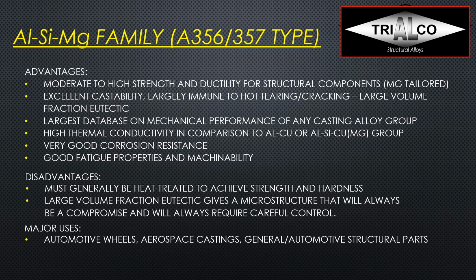The 357 types are usually aerospace castings that require higher strength. And we see all sorts of general and automotive structural parts. We can also see a lot of general purpose applications, for example, for street lamps, for all kinds of castings that have no other special requirements, like they have to be anodized or so.